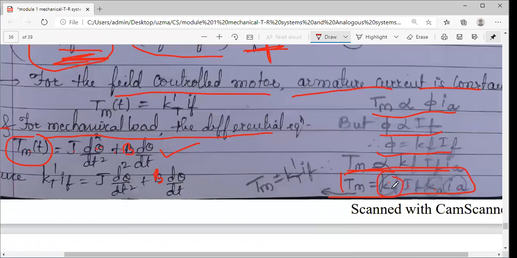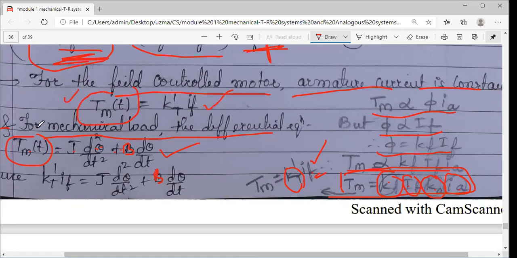I will take KF, a proportionality constant, IA which we have taken as constant, and KA, these three proportionality constants, and combine them into one term, KT dash. You can use KT also, but we have already taken KT previously, so take it as KT dash. And IF as it is. What is the change? Earlier we had IA, but this time we will get IF. So I will get Tm is equal to Kt dash into If.